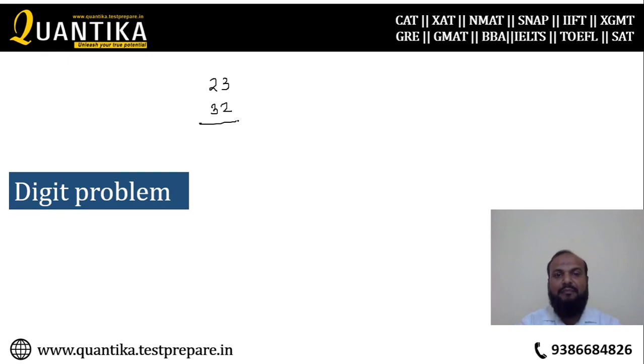Now add them up. What do you see? You get a number which is always a multiple of 11. Now, that 55, when you take the 11 out of it, it is 11 into 5. Now, what is 5? 5 is 2 plus 3.